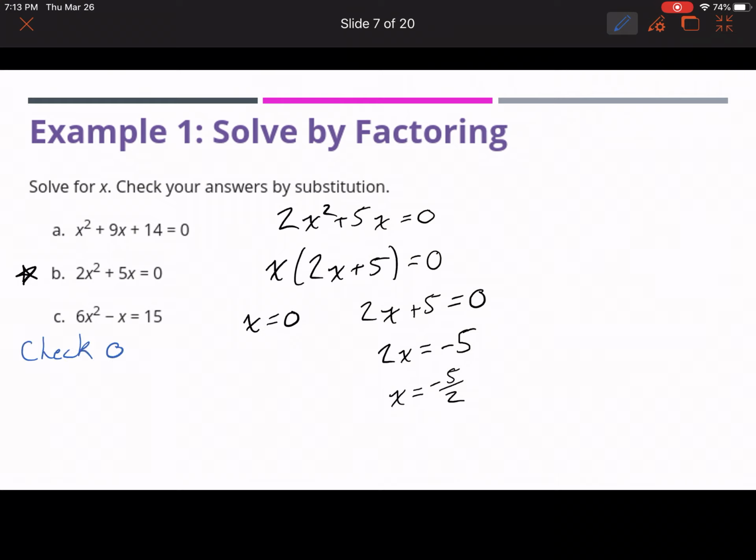Check 0. So we can see that as soon as we put a 0 in there, it's all going to be equal to 0 because we're multiplying two things together. If one of them is 0, they're both 0. But let's always check using our original formula. Zero squared is 0, times 2 is 0, plus 5 times 0 is 0, equals 0, and we've got a check there.